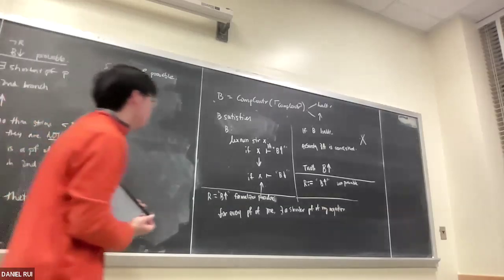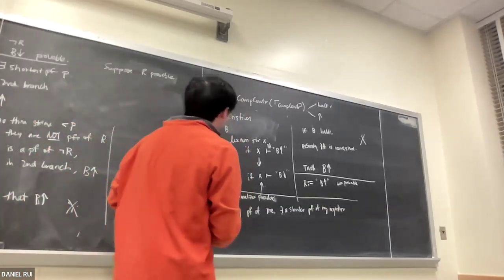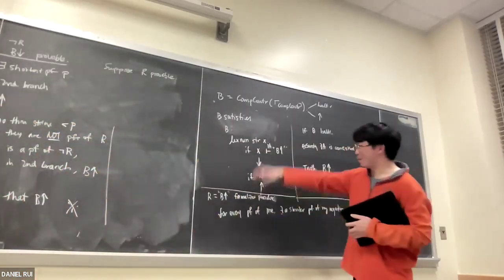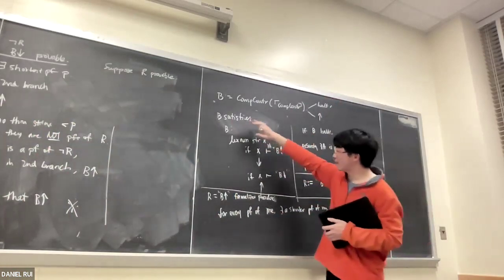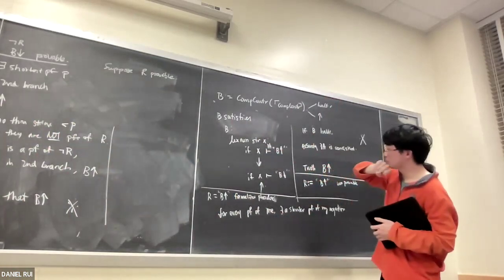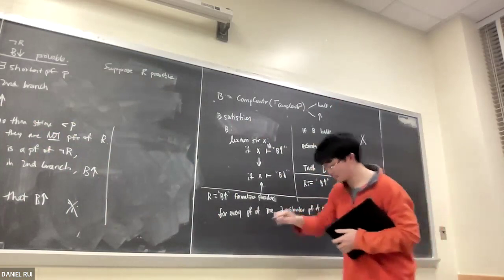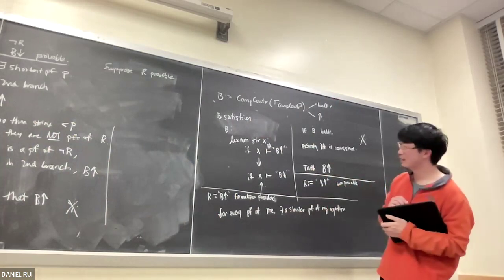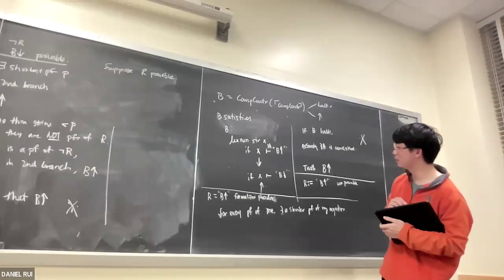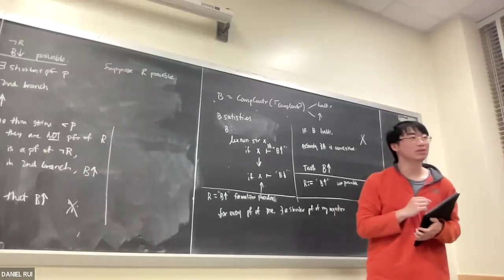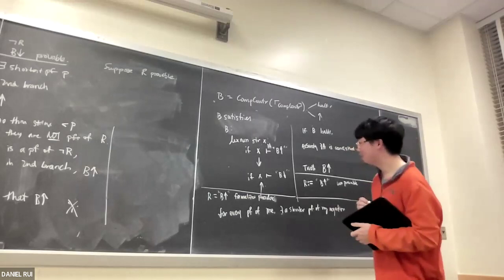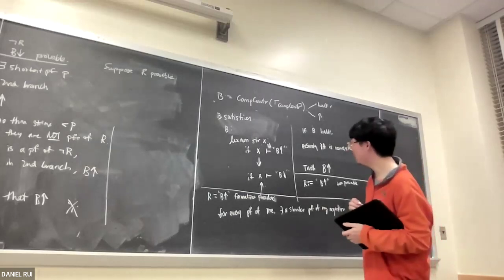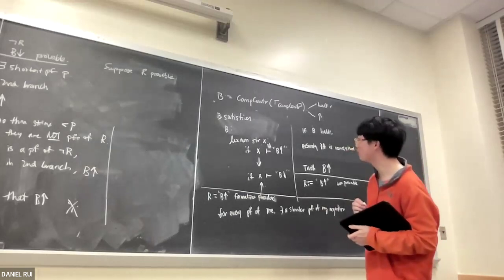Oh, well, let's try to reason through this. For every proof of me, there exists a shorter proof of my negation.